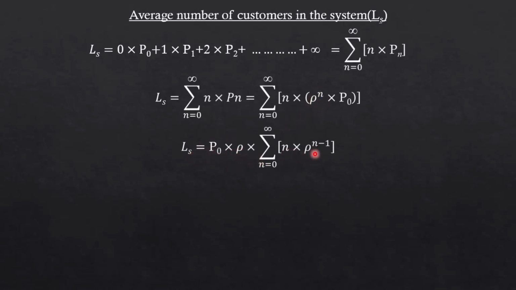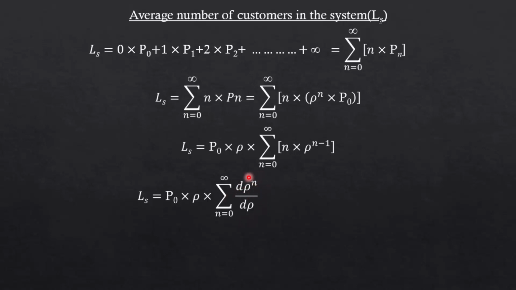So we have taken out p0 and one of the rho here, and the equation is reduced to this: n multiplied by rho power n minus 1, summation n from 0 to infinity. Now if we closely see this term n multiplied by rho power n minus 1, this can be written as the differentiation of rho power n.